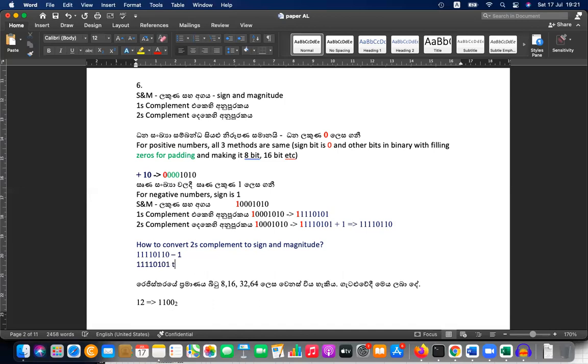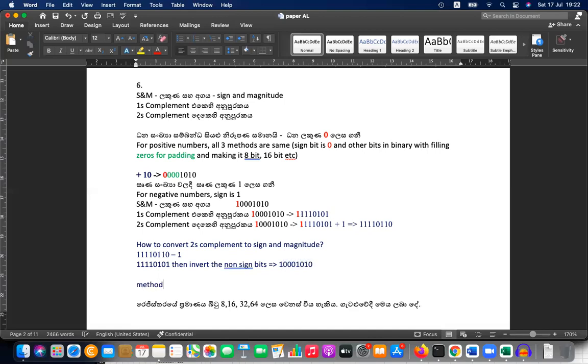Then invert the non-sign bits. Other than the sign bit, everything you invert. Then you'll get 1, 0, 0, 0, 1, 0, 1, 0. That is method 1.